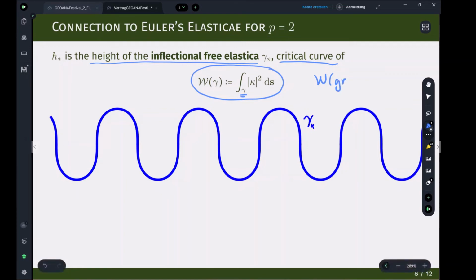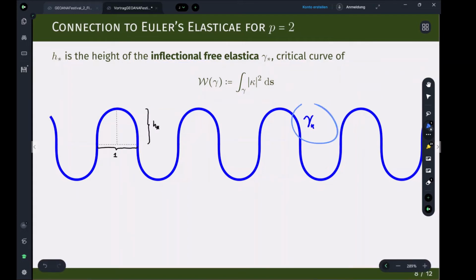So the energy we actually look at is basically this energy. So the energy is this curve energy of the graph of u. So this energy basically has a critical curve whose height is exactly h star, namely exactly this gamma star.